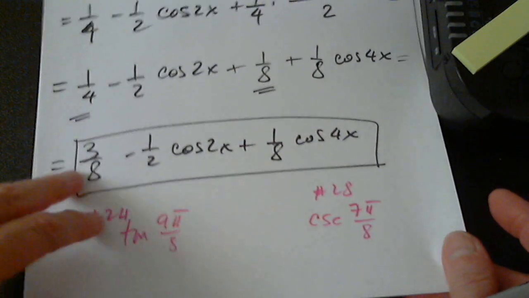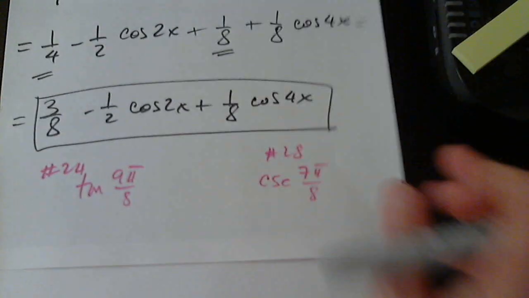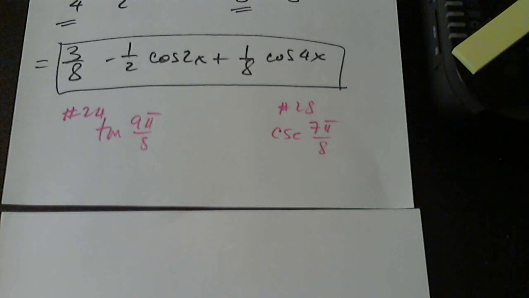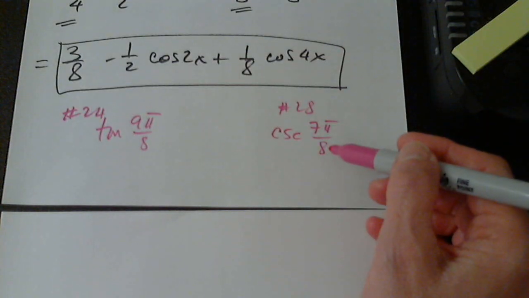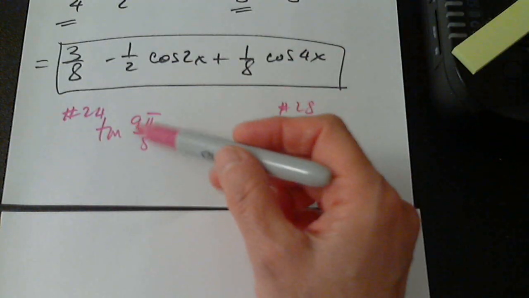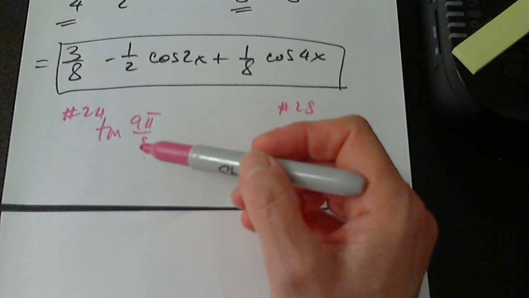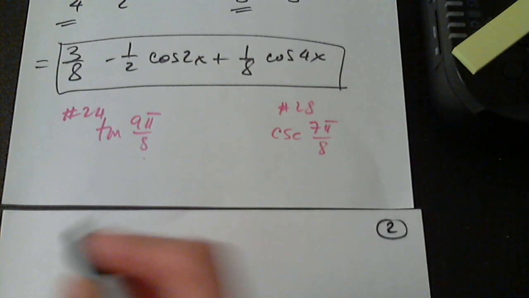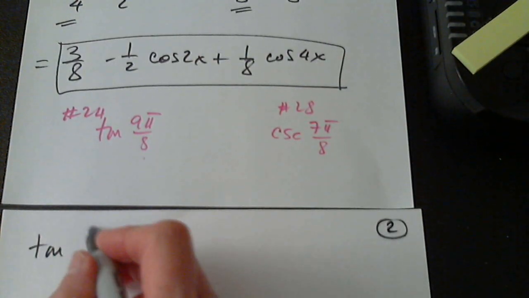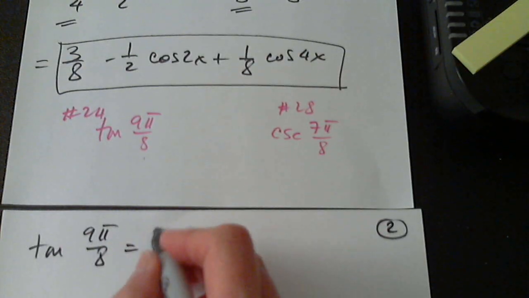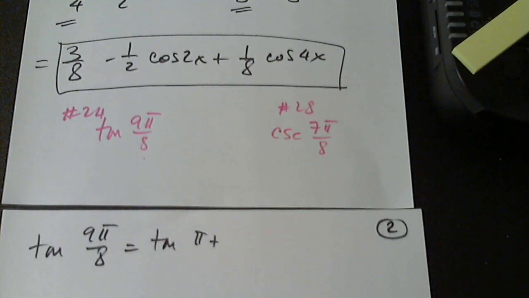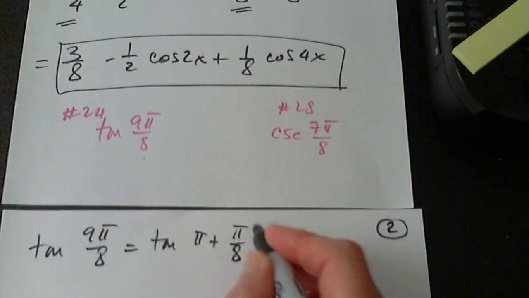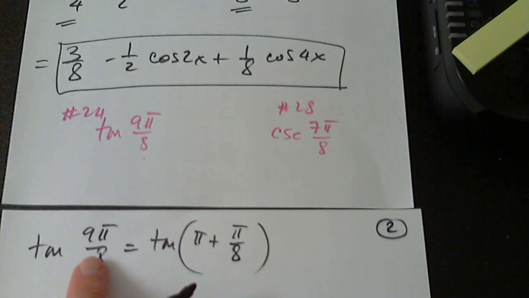Why I wanted to also show the tangent 9 pi over 8 is because we can take the integers out. What does that mean? See, here 7/8 is less than 1. But here 9/8 is more than 1. So what I would like you to remember with this one is that when we are asked to find tangent 9 pi over 8, I will always first write tangent of (pi plus pi over 8), because 8 plus 1 is 9.